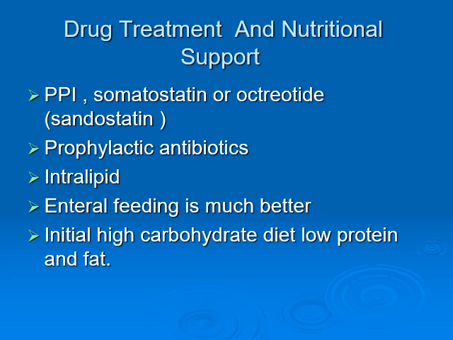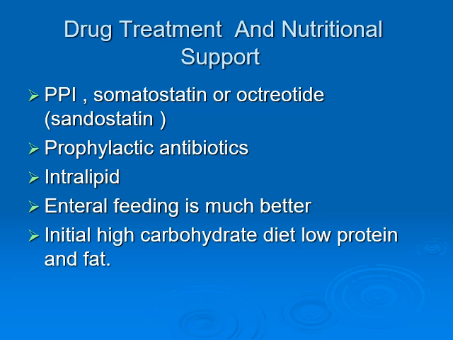Prophylactic antibiotics, actually intralipid, it is not recommended nowadays to give intravenous or parenteral nutrition. It's recommended to start enteral feeding in such patients to prevent translocation of bacteria from the intestine and colon to the necrotic pancreas, which is an important factor in infected necrosis of the pancreas.